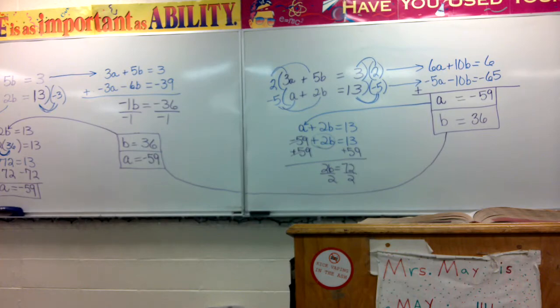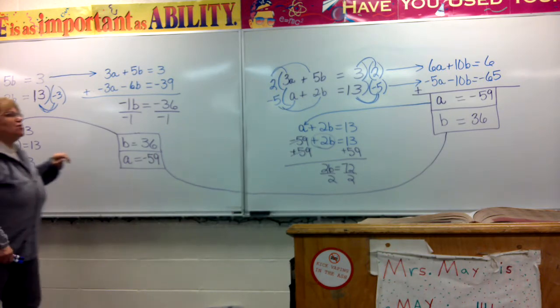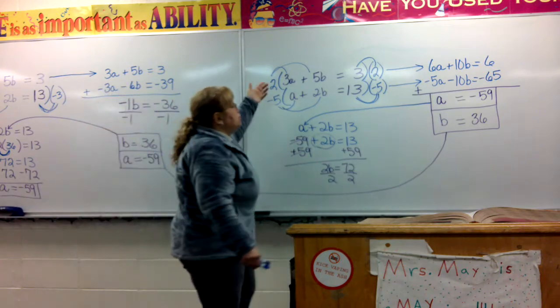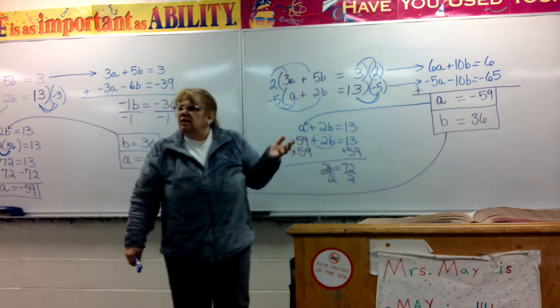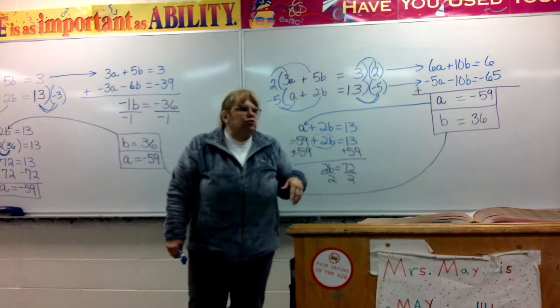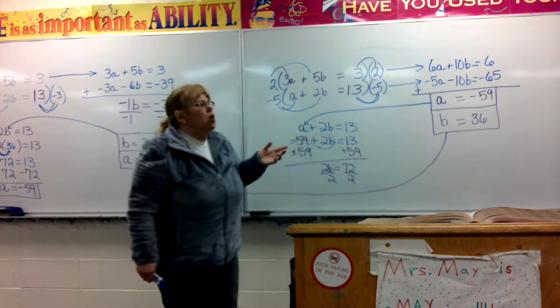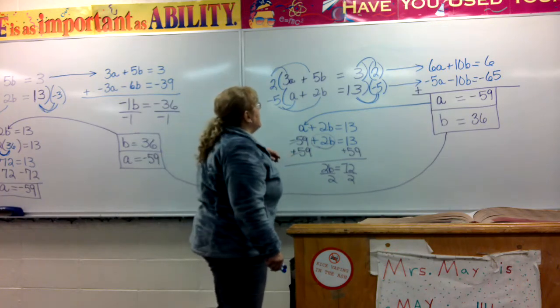So every single problem that you did for today, there's 2 ways to do every single one of those. I don't care which way you use. This way, you multiplied only one equation. Over here, you multiplied both equations. But it's not really that much more work. And both of them give you the right answer.